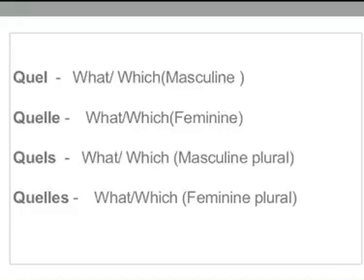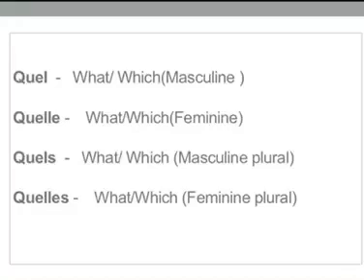Similarly, for the plural, we add an extra S. For the masculine plural, we take the masculine singular form and add S, so the spelling would be Q-U-E-L-S. Similarly, in the feminine also, we take the singular form, Q-U-E-L-L-E, and then add an extra S to it. So it will make it plural.